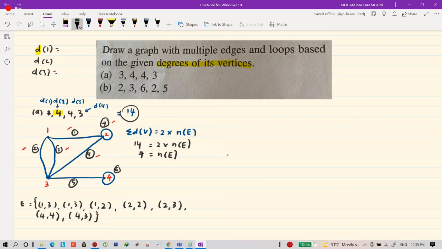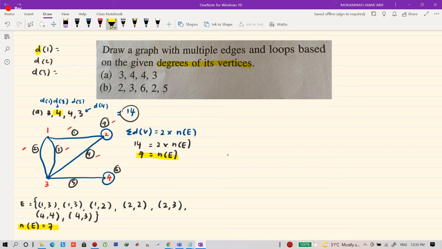No problem. So now count again: 1, 2, 3, 4, 5, 6, 7. So our number of edges is 7. Yes, it should be correct. It should be the same. So that's for question A.